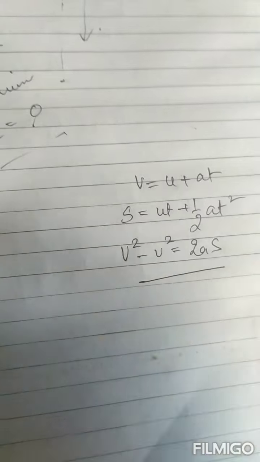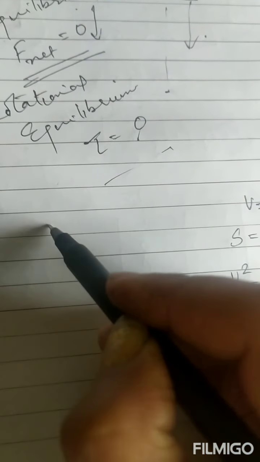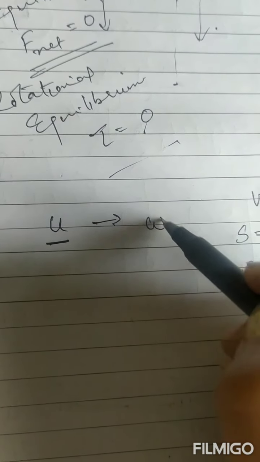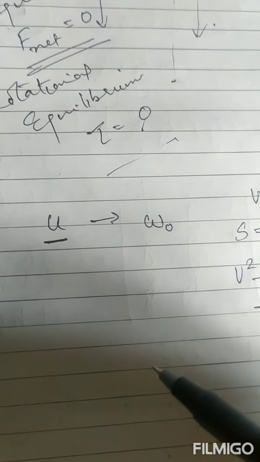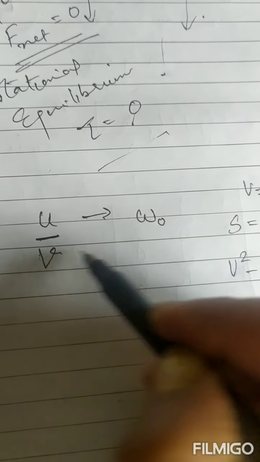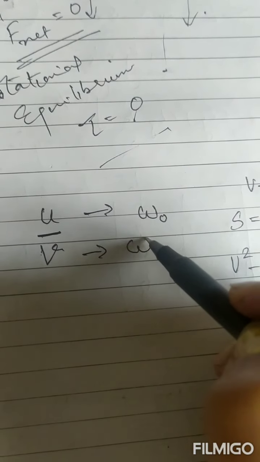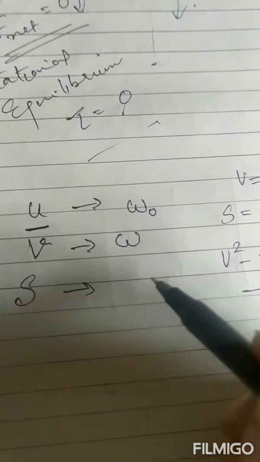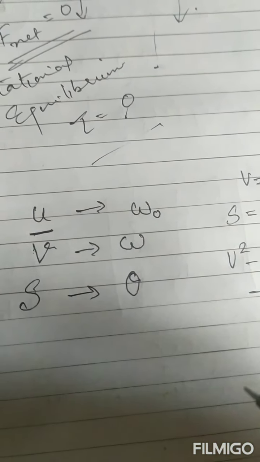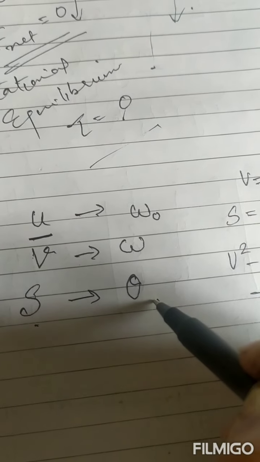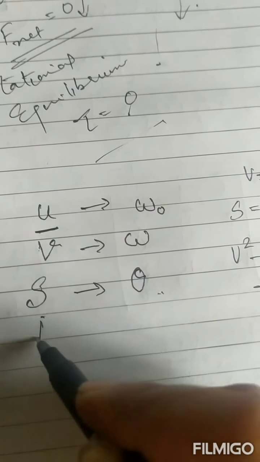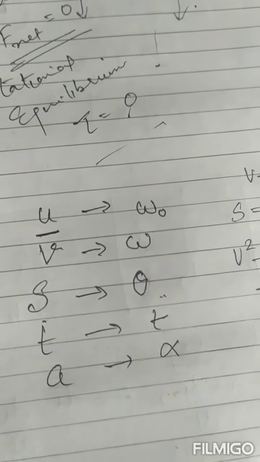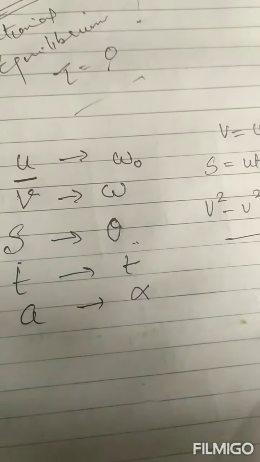In rotational motion, velocity is replaced by angular velocity: initial velocity is initial angular velocity, and final velocity is final angular velocity, omega. Here distance is replaced by angle theta, because it is angular displacement. Time remains the same, but acceleration becomes angular acceleration alpha. The rest of the method is the same.